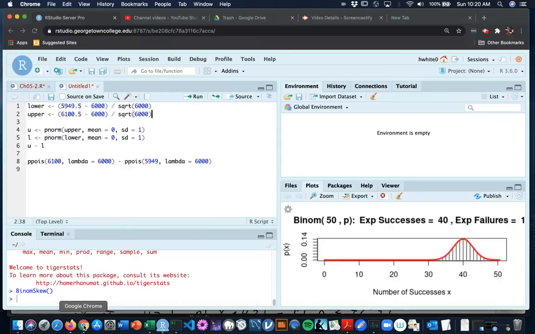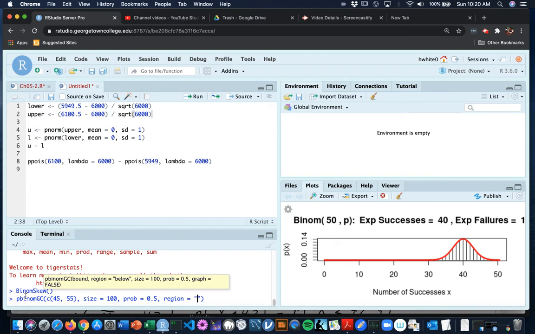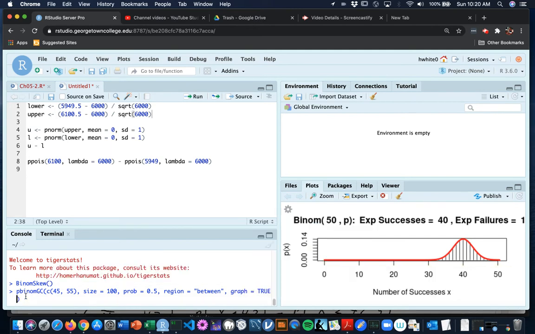So let me head to R and give this a try. pbinomGC, concatenate from 45 to 55. Size equals 100, prob is 0.5. The region, I've got to remember to say, is quotes between.